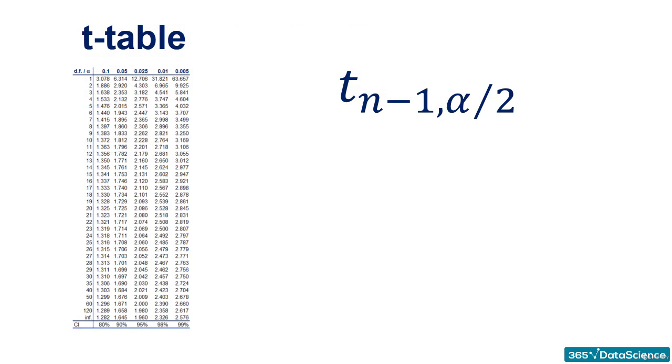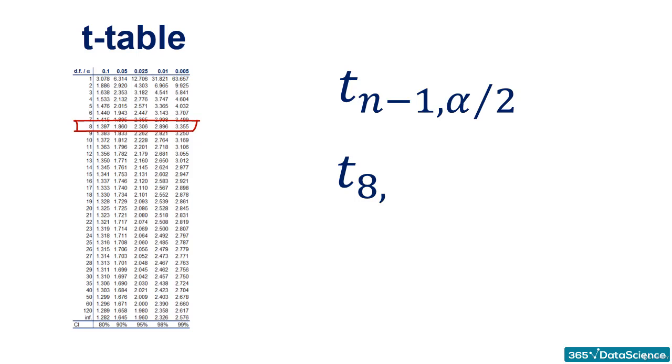First, we need to specify the degrees of freedom. For the student's t-distribution, there are n-1 degrees of freedom. Our sample consists of 9 observations, so we have 8 degrees of freedom. Second, we have to find alpha divided by 2. Once again, this depends on the confidence level that we want to obtain.